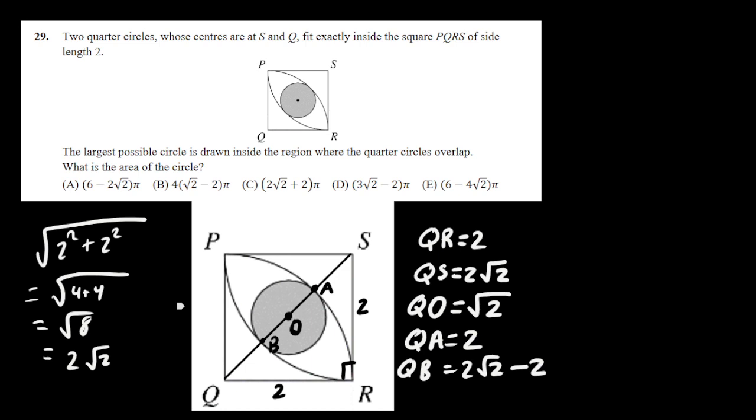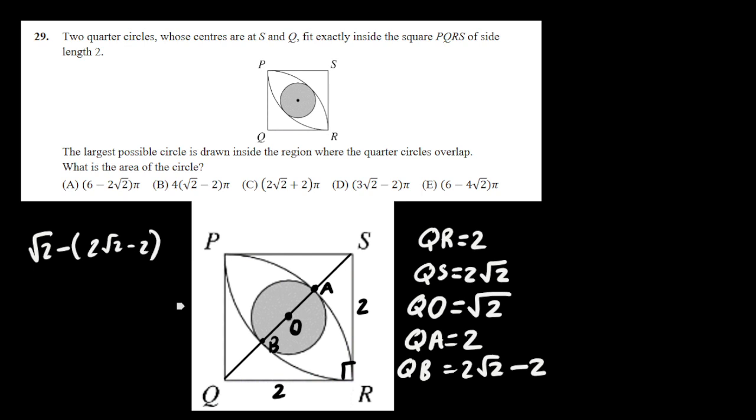Okay? So with all the information we have, we can solve for OB, which is the radius. O is the center of the circle. So we know that QO equals root 2, and QB equals 2 root 2 minus 2. So OB would equal root 2 minus, 2 root 2 minus 2.